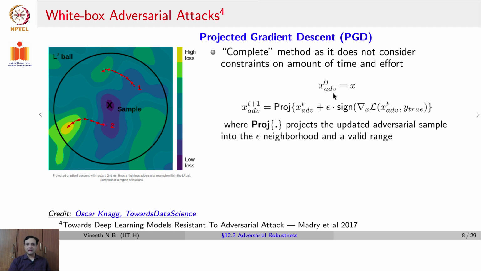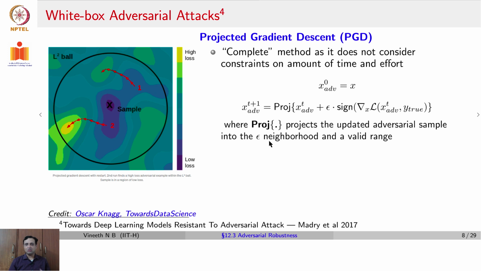You start your first iteration's adversarial sample with X, which is your given sample. Then in each iteration, you add gradient corresponding to that iteration's adversarial sample and corresponding to the true label. Remember, you're trying to increase the loss for the true label. And you now project this sample back into the epsilon neighborhood.